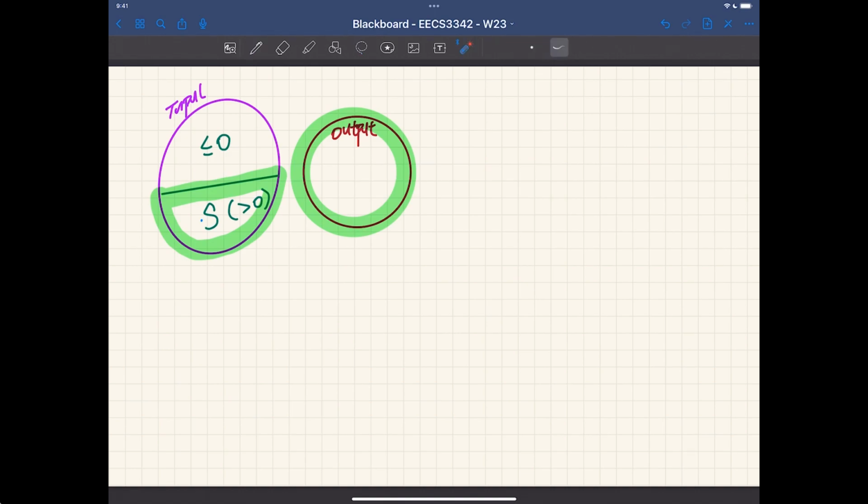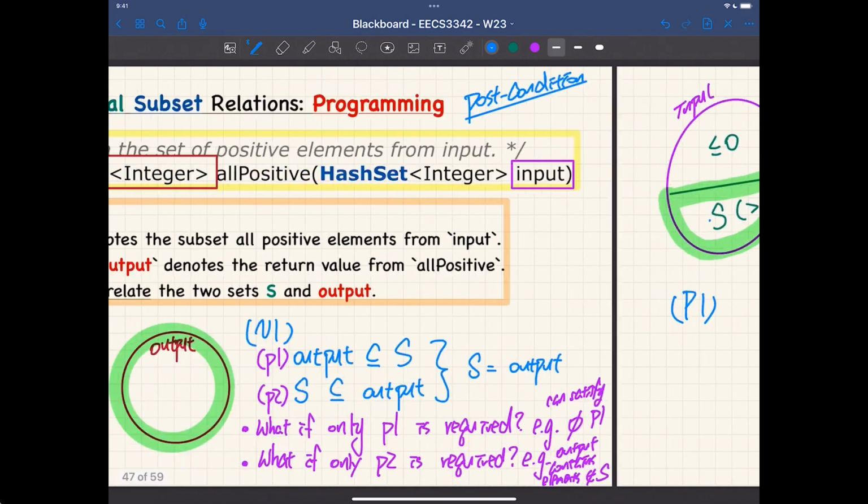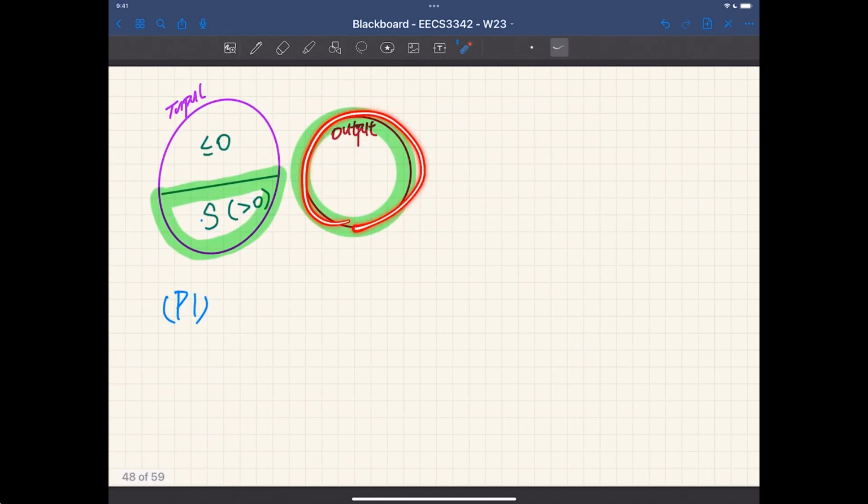We want to do both directions. Everything that's here should be here as well. Let me do something that's corresponding to this. Let's say everything in the output is also in S. Let's say that first.